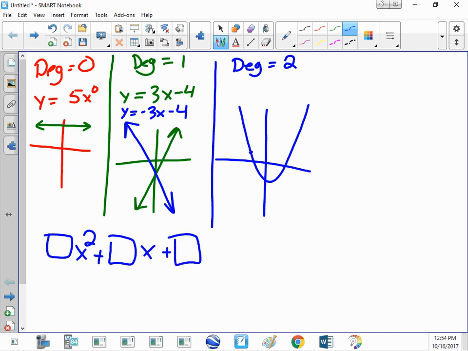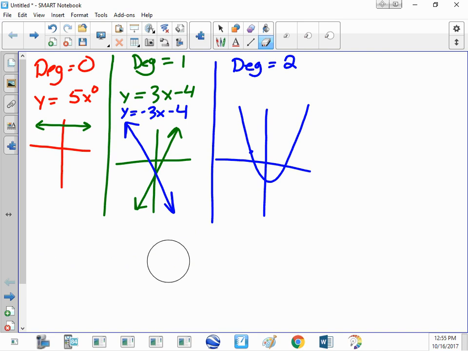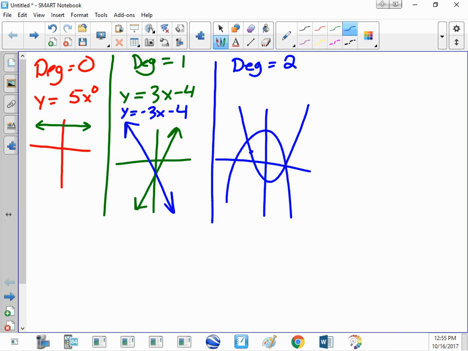If the parabola opens up, what do you know about this equation? The first one is positive. Does everybody understand that? Now we call the first coefficient, once you have reordered it, the leading coefficient. If the leading coefficient is positive, the parabola opens up. If the leading coefficient is negative, then the parabola will open down. Okay?